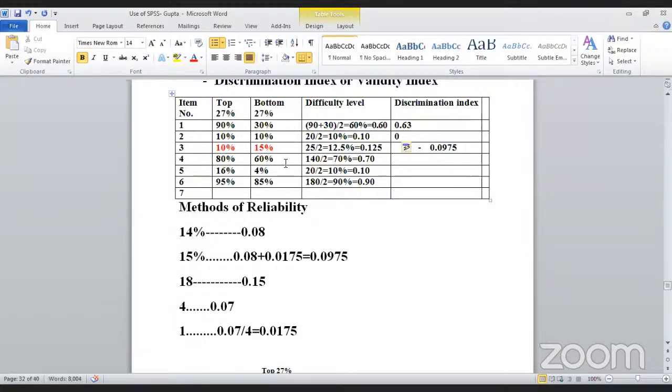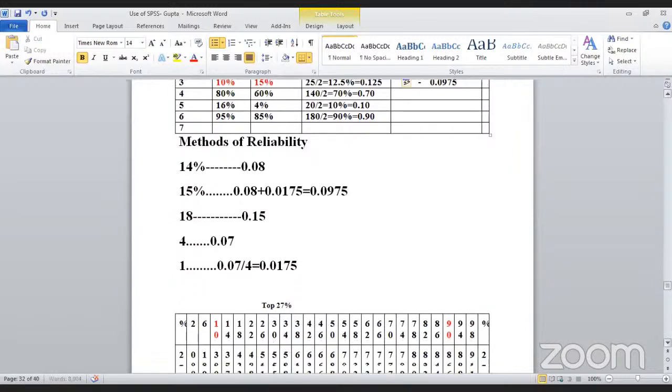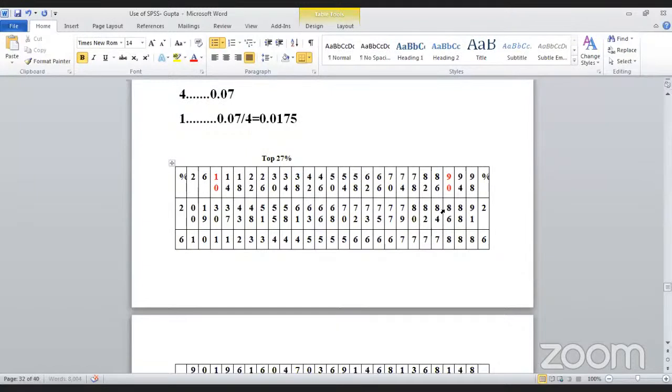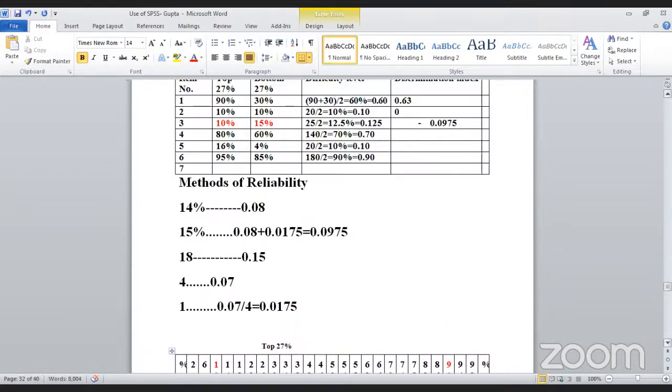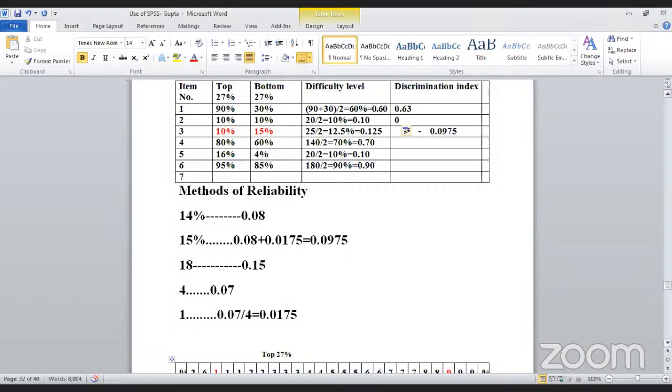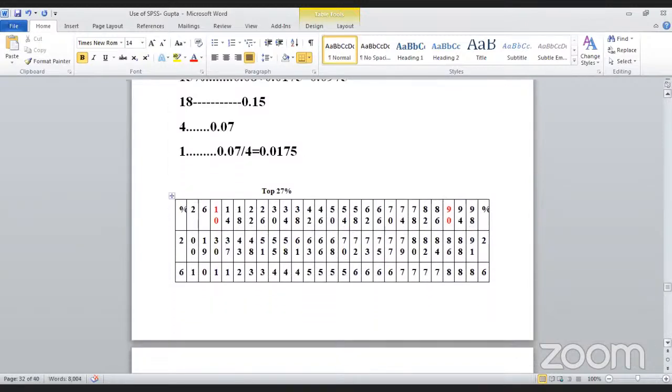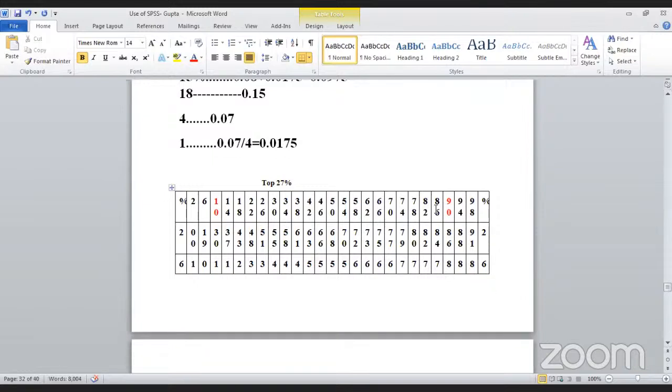Now next is 80 and 60. So I can find 80. This is 78. So 80 will be between 78 and 82. And then I go to 60.